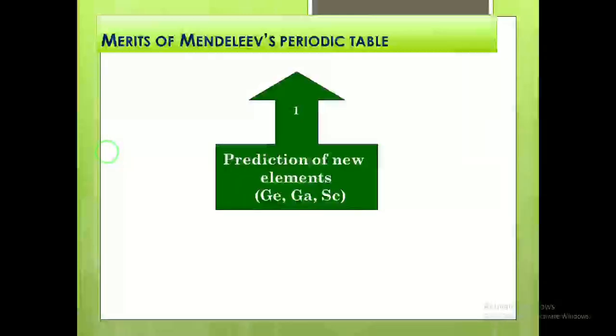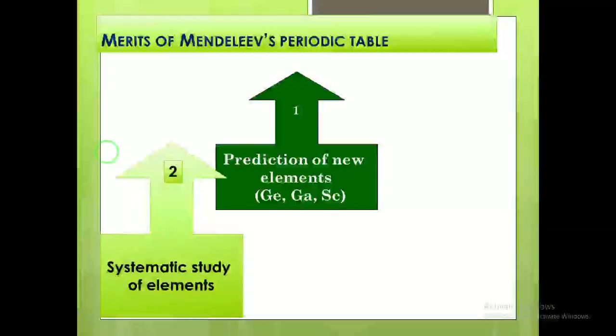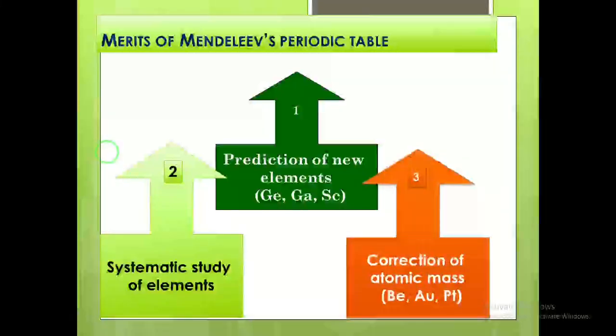Now, what were the advantages of the periodic table that Mendeleev developed? It was able to predict some new elements that had not been discovered at that time, like germanium and selenium. It led to a systematic study of elements and the correction of some mistaken atomic masses, like that of beryllium.